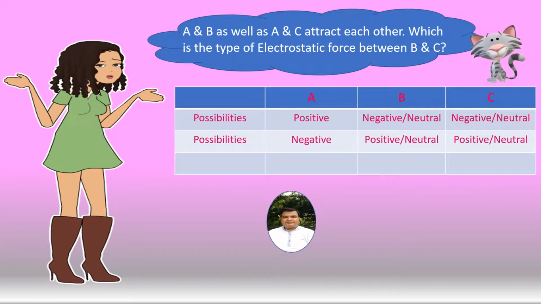All the possibilities between A, B and C. If A is positive, B is either negative or neutral, because whether the body is positively charged or negatively charged, it is also attracting neutral light objects. Likewise, C is either negative or neutral. But if we start with A as negative, then B should be either positive or neutral. Similarly, C. Our question is the force of interaction between B and C.